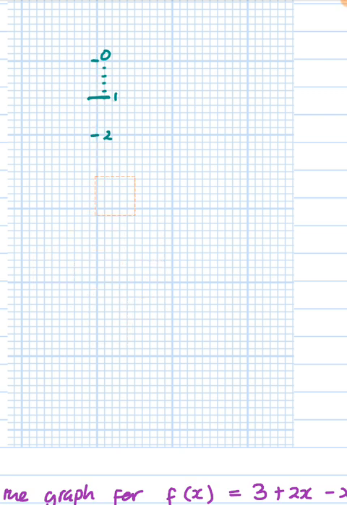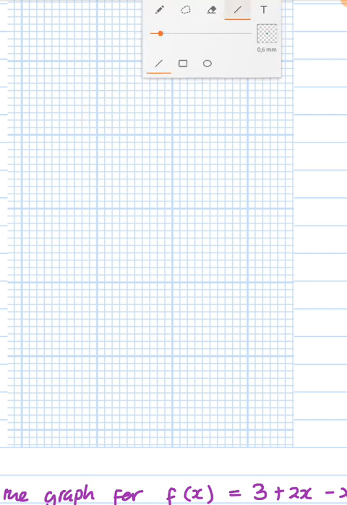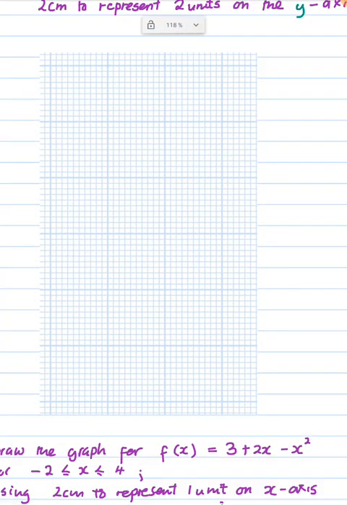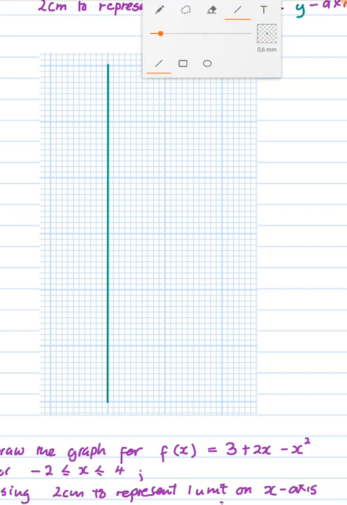So in summary, what we are saying is, when we draw our line, this is the y-axis, right?